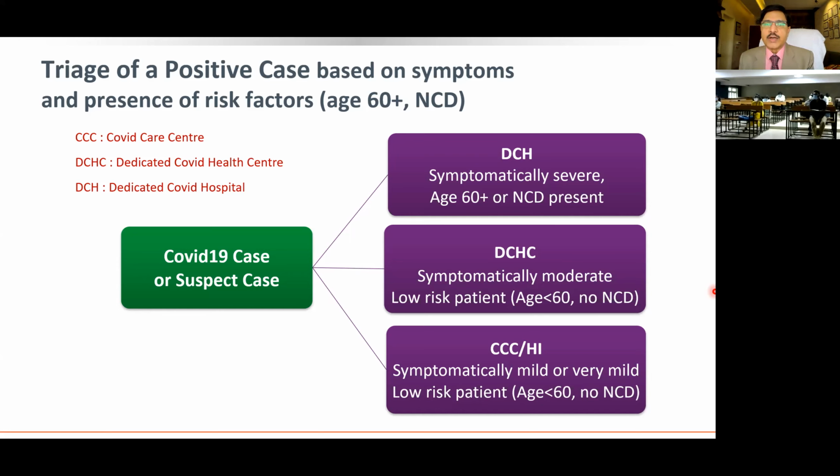The next one is DCHC: symptomatically moderate, low risk patients, of course, age less than 60, and no NCDs, and these people have what is called a mild level of desaturation, and these DCHCs have got the facility for oxygen also. Then you have also got the DCH, dedicated COVID hospitals, and these are like your GEMS hospital, where symptomatically severe patients are admitted.